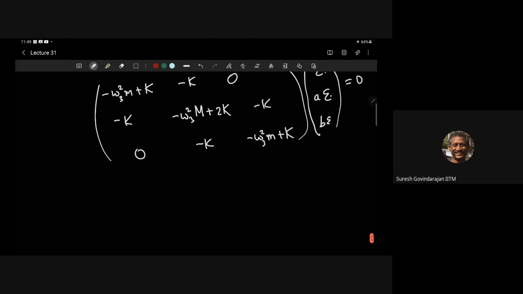So the first equation is minus omega 3 square m plus k into epsilon 1 plus minus kA equal to 0, right?